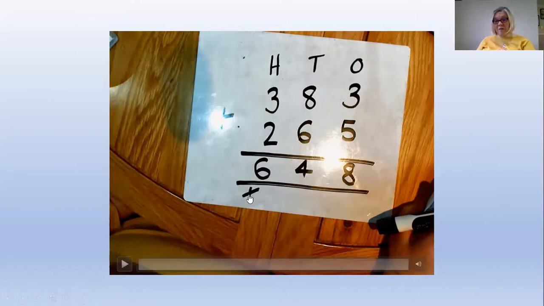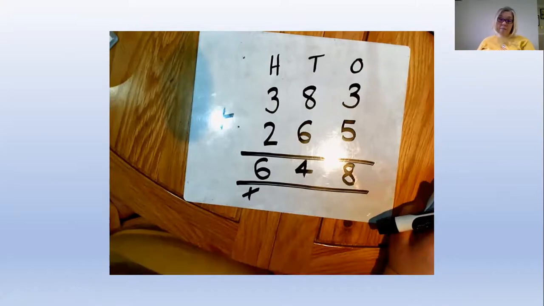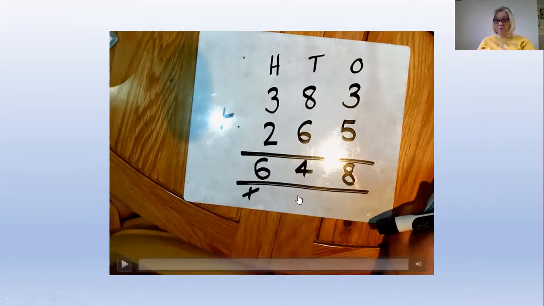The second most important thing is when we've got our 10 or our 100 at the bottom, we need to remember it's there. So it's always really good practice to cross out your number underneath your equal sign. If it was here, it would be your 10. If it was here, it would be your 100.